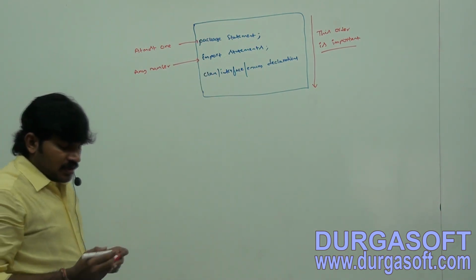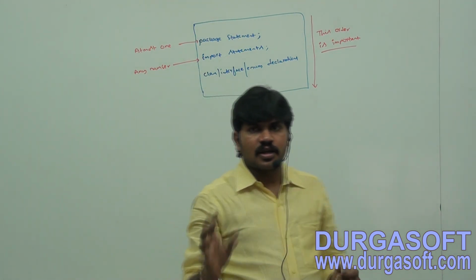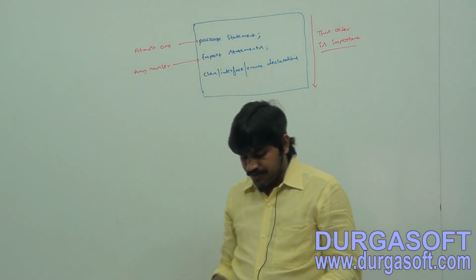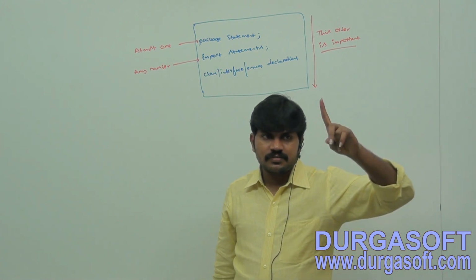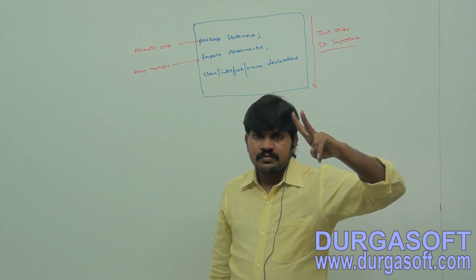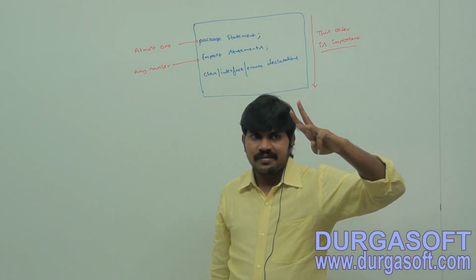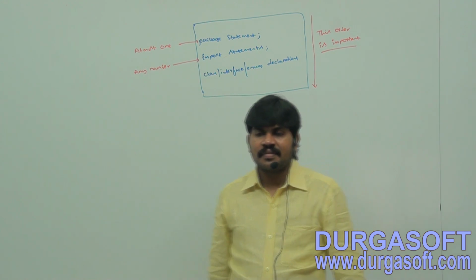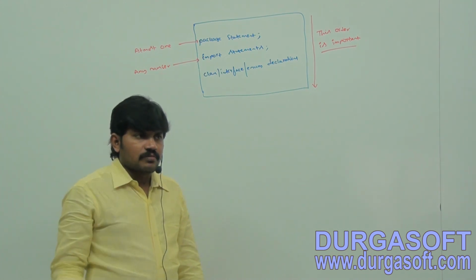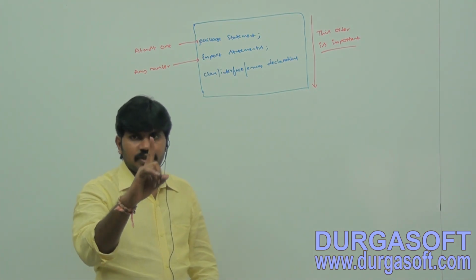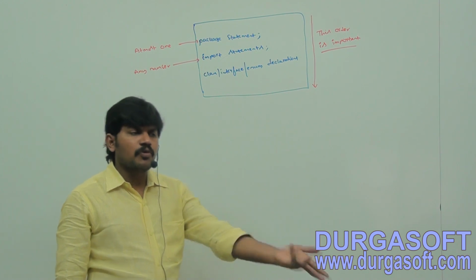How many class or interface or enum declarations are allowed? Observe here. Can I take at least one, or only one, or any number? Have you observed the difference? At least one. Compulsory, one must be required, and if you want, you can take more than one, no problem.